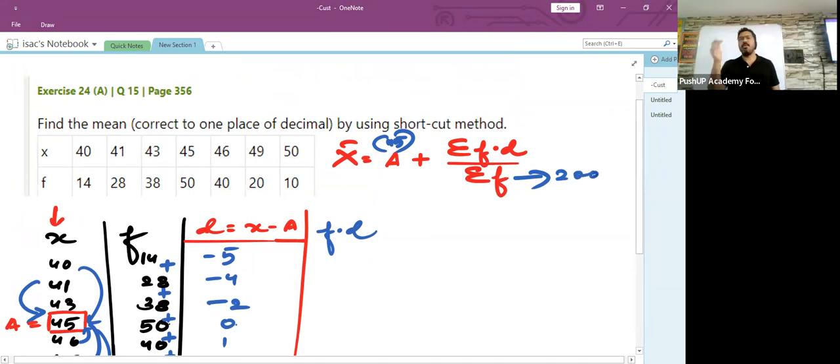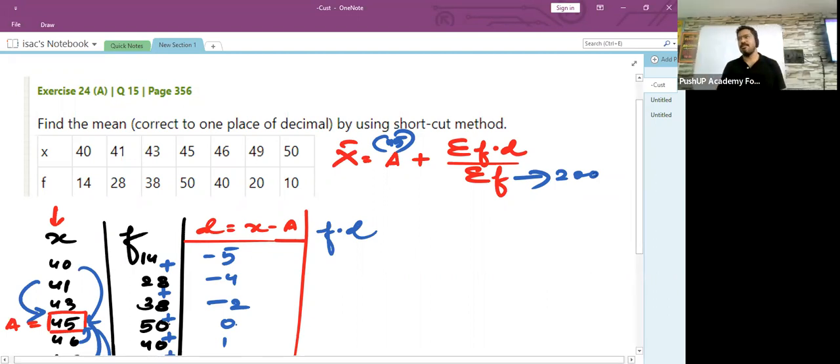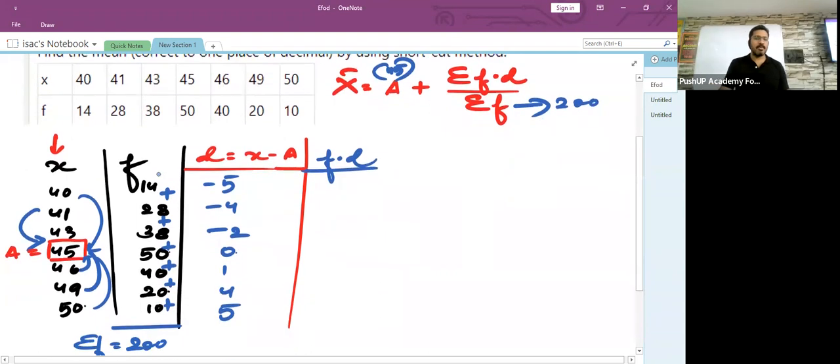Now we don't know what the value of sigma f into d is. So we will create a separate column for f into d. Once we create all the values, then we will take the sum of all those values so that we get the sum of all f into d's. Okay, so children, f into d. Frequency is what? 14.